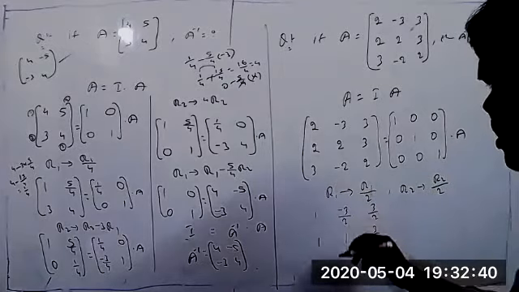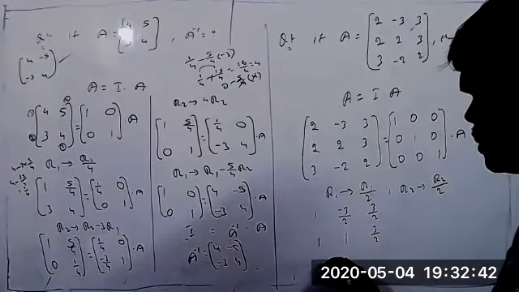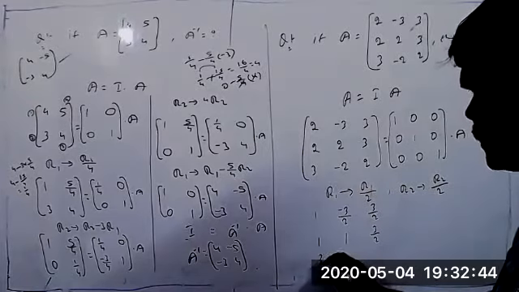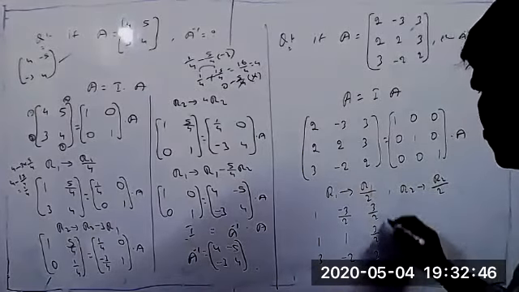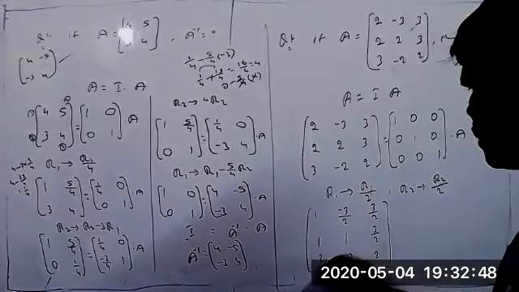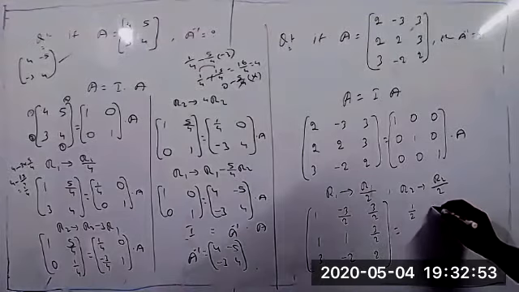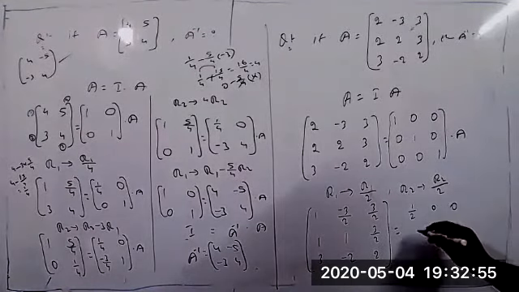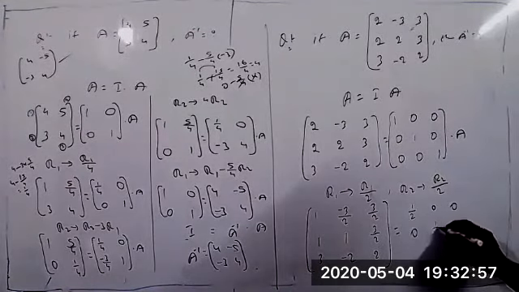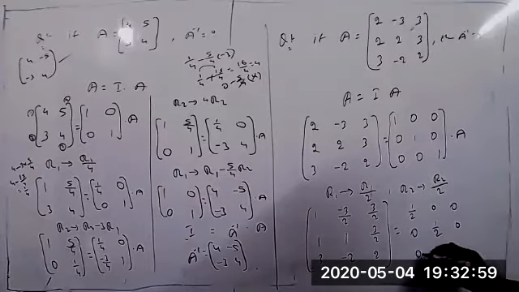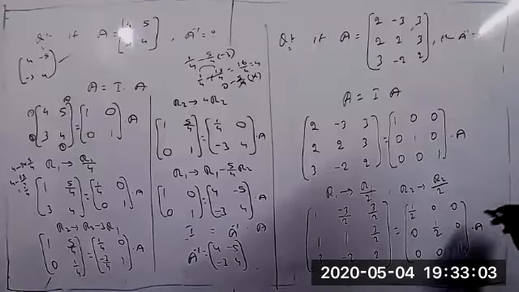The third row we are not changing, we write as is: 3 minus 2, 2. On the right side, 1 by 2, 0, 0, 0 by 2, 1 by 2, 0, and 0, 0, 1 into A.